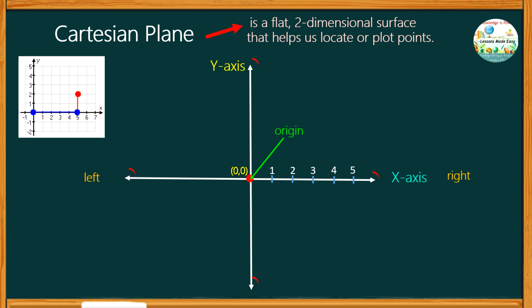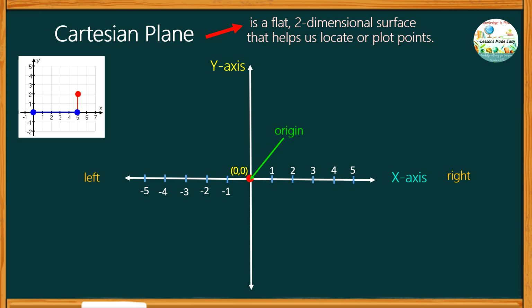Note that the arrows on this axis indicate that the line extends indefinitely. It has no limit or no end. But for this video, let's keep it at 5. On the same axis, we can also count backwards to the left. This time from 0, we have negative 1, negative 2, 3, 4, 5, and so on.